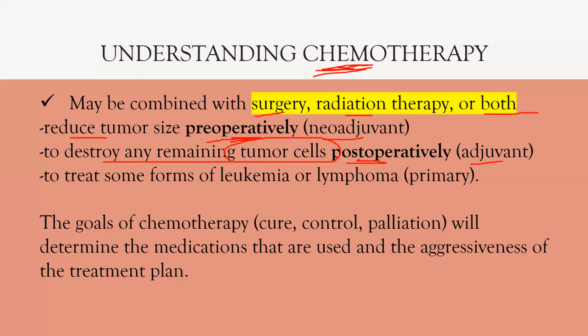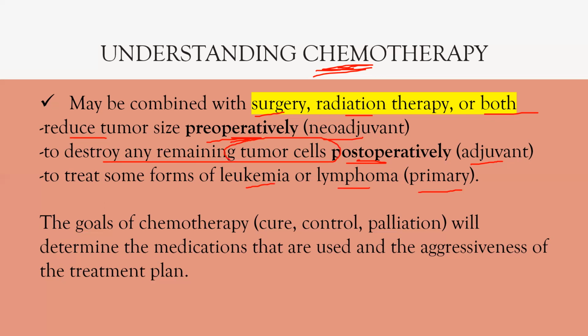Ang goal po is matanggal yung ugat or matanggal yung mga remaining tumors kasi natanggal na din naman po yung ibang tumor because of the surgery. And if it is done on a primary basis, ito yung binibigay yung chemotherapy kasi hindi naman pwedeng operahan ng pasyente like leukemia or lymphoma.